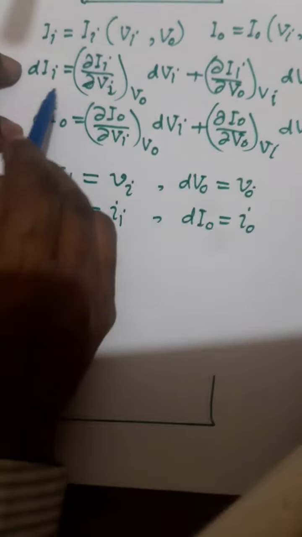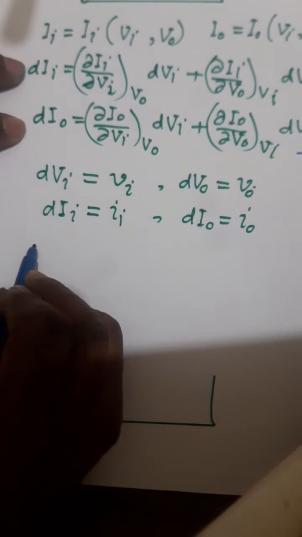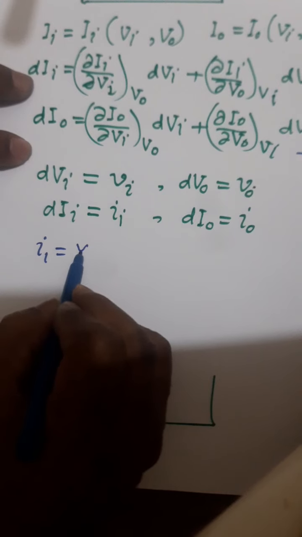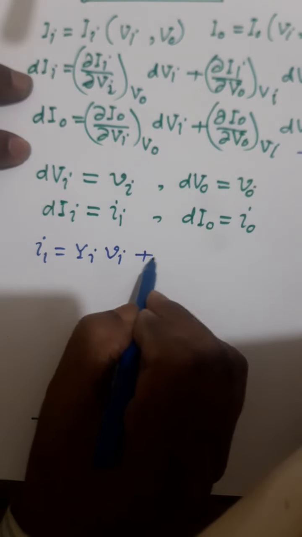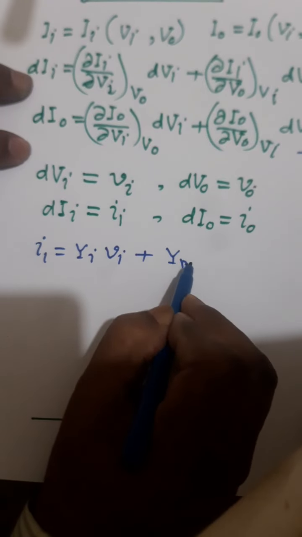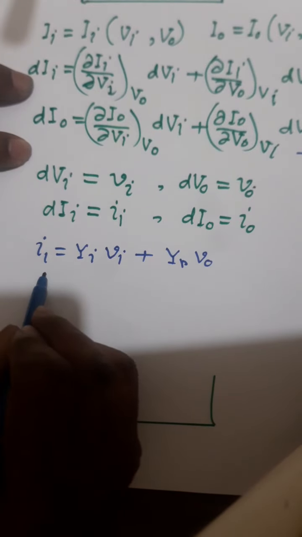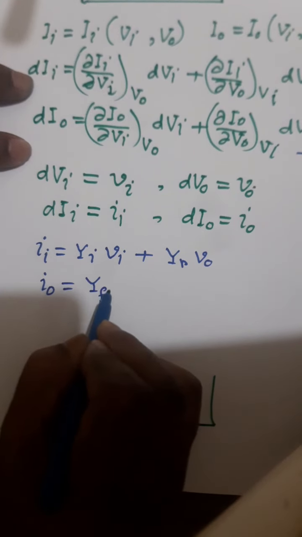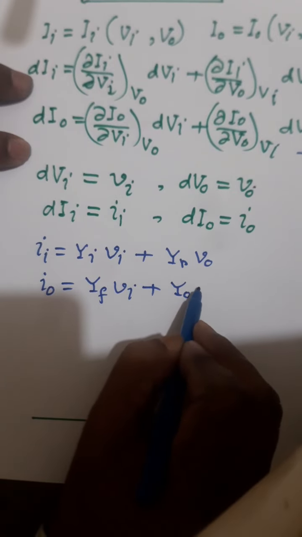Now the above two equations can be written as Ii equals Yi Vi plus Yr Vo, and Io equals Yf Vi plus Yo Vo.